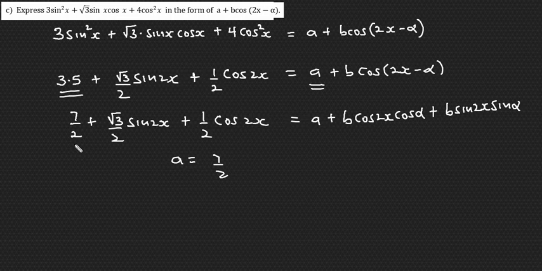Then the coefficients of sin 2x, that is b sin alpha, so b sin alpha is going to be equal to the coefficient here, which is root 3 over 2. Then the coefficient of cos 2x, we have b cos alpha equaling a half.